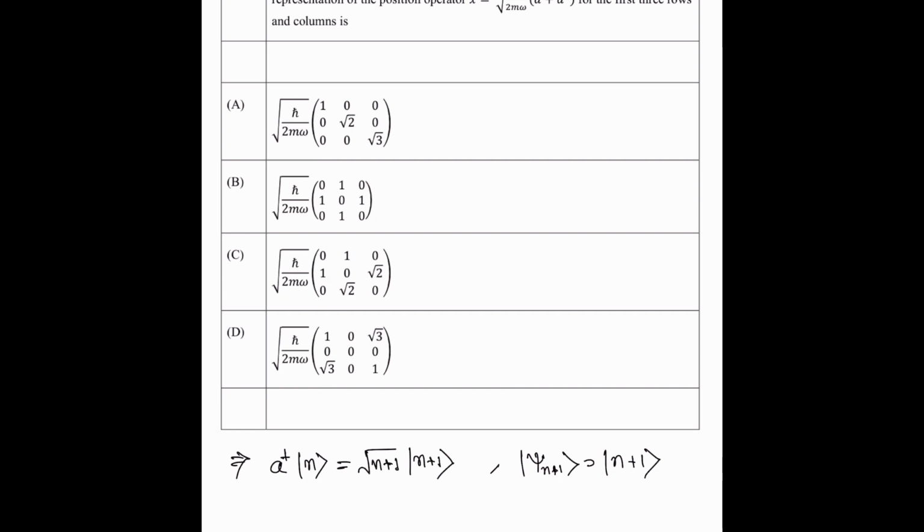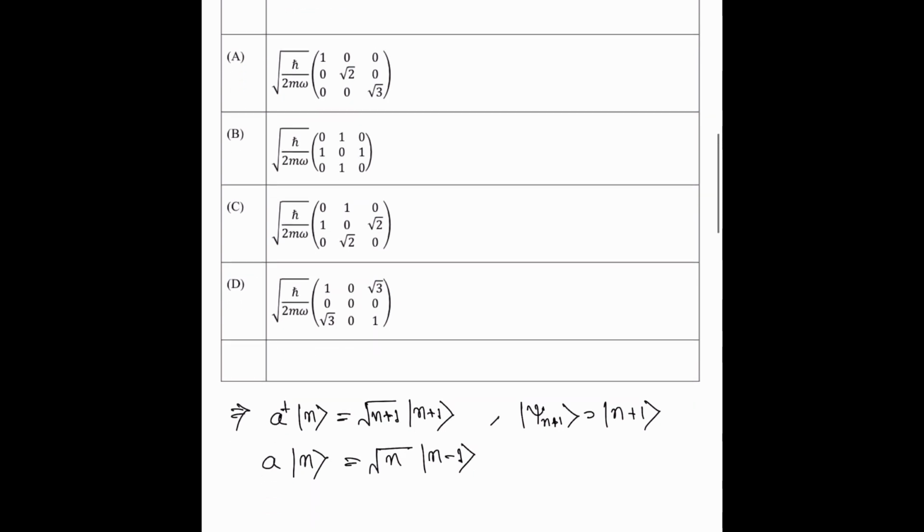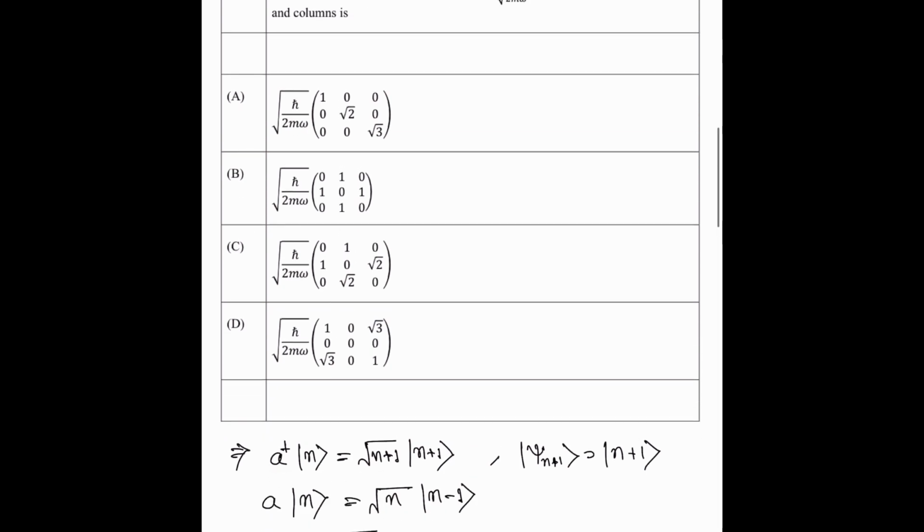And the annihilation operator acting on n will give us root over n and the n minus 1 state. The position operator is given by h bar by twice m omega times a plus a dagger.